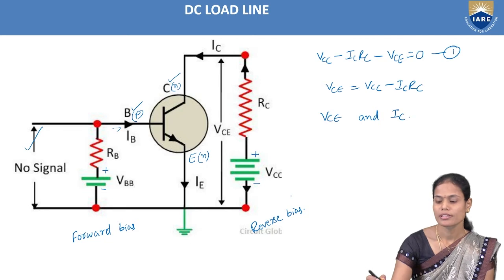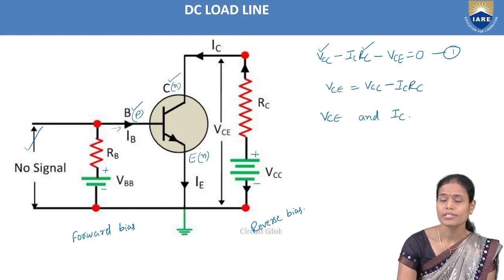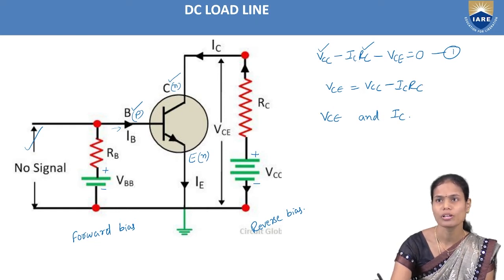If we observe this particular equation, the VCC value is fixed as well as the collector resistance value is fixed. Once we are designing the amplifier itself, we will choose these values. VCC is the supply voltage, that is fixed, and the collector resistance value is also fixed.